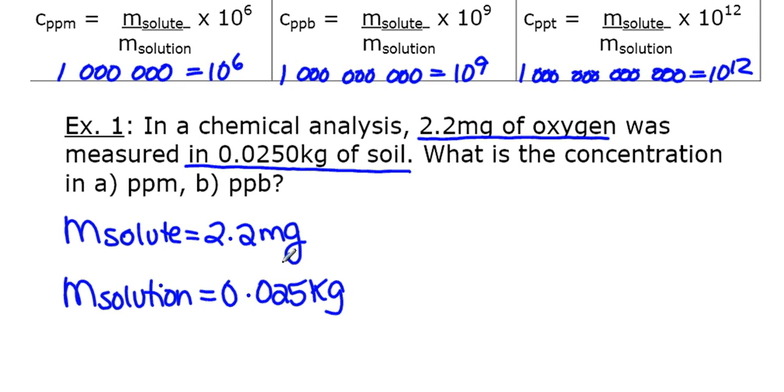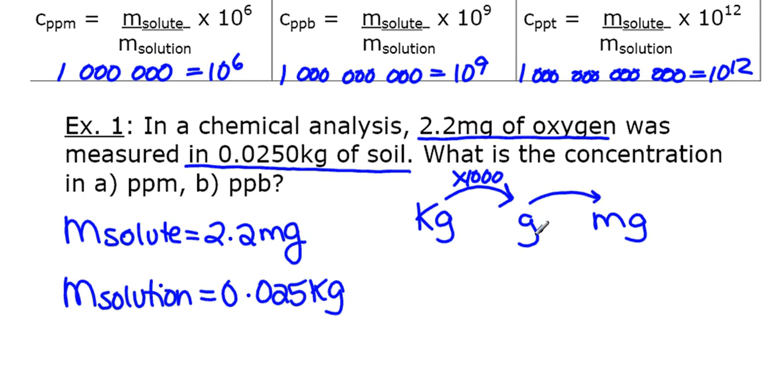So, if I'm going to go from milligrams to kilograms, or kilograms to milligrams, let's do a quick review of conversions, just for anyone that needs it. If I'm going to go from kilograms to grams, I multiply by 1,000. If I go from grams to milligrams, again, the factor there is 1,000 and I multiply.